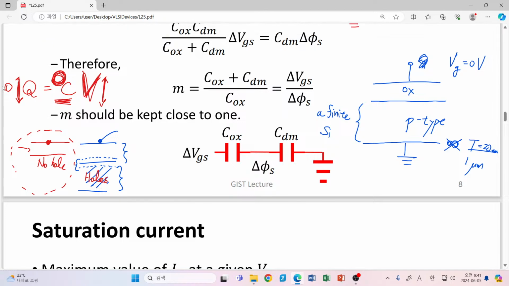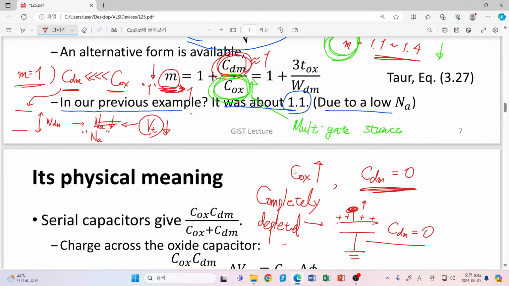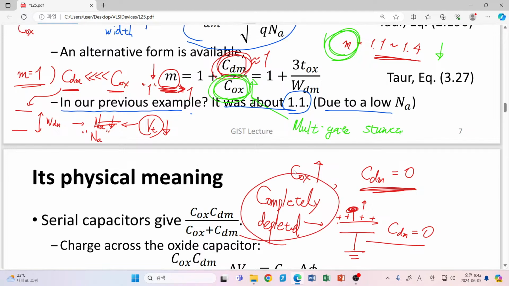So to some of you, this discussion seems too abrupt and too ideal. However, that's real. If we reduce the thickness of our silicon further and further, and if the thickness of our silicon becomes below the depletion thickness of our conventional planar MOSFET, then we can enter into the region called completely depleted substrate.